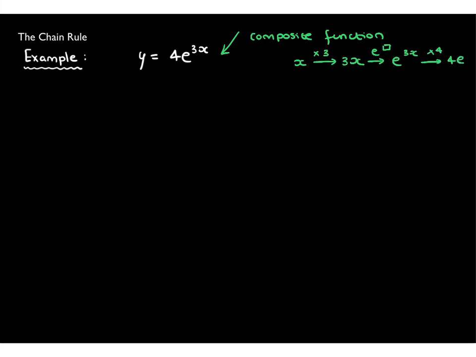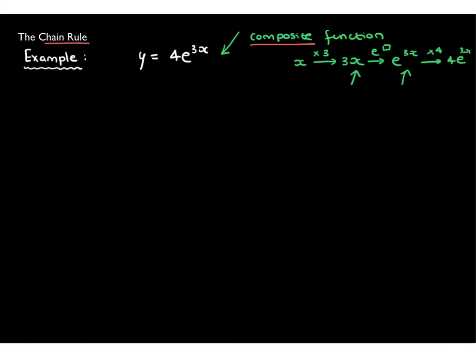So we get 4e to the 3x. But the key components here are the fact that x is multiplied by 3, and then we take e to the power of 3x. So there is your composition of two functions. Now, how do we differentiate a composite function? Well, we use the chain rule for doing this.